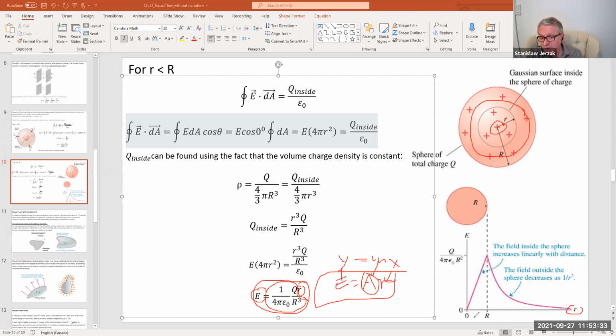Until you get to where lowercase r is equal to capital R. This is the point on the surface of the spherical charge, where r is equal to capital R, right?